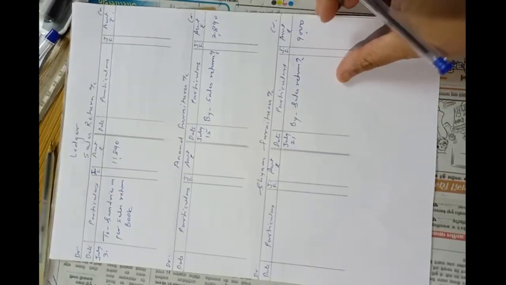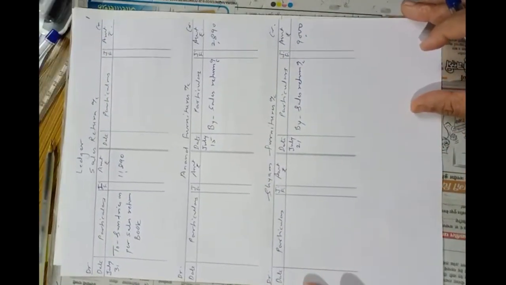See, it is very simple. Okay, so we have completed 3 accounts. In this way we have to do the posting of sales return book into ledger. Understood? So now solve this problem in your notebook properly.